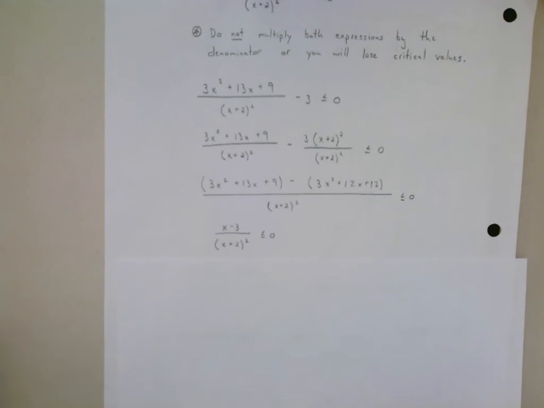So this is the expression that we are going to use when we solve our inequality. We're going to solve the inequality (x − 3) over the quantity (x + 2)² is less than or equal to 0. Go ahead and pause the video for a minute and catch your notes up to where we are. After you've done that, we'll start solving this inequality using critical values.